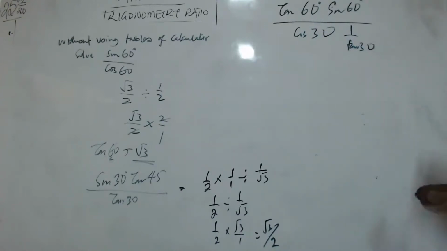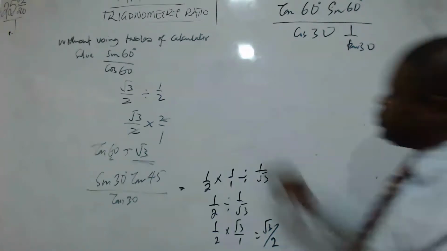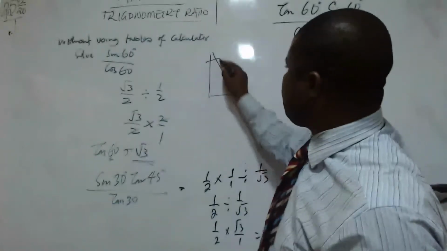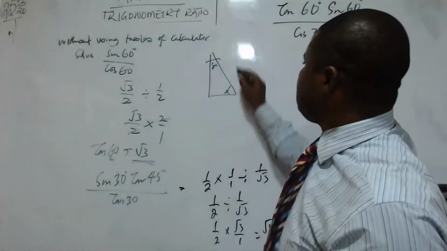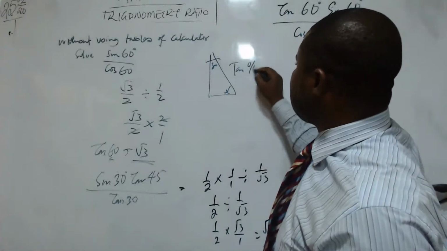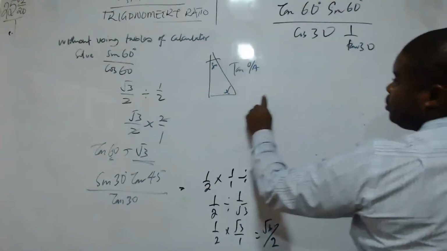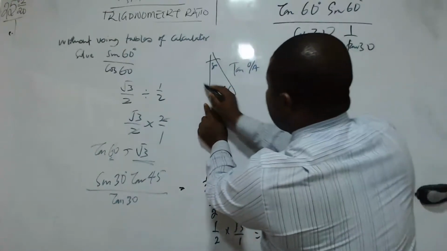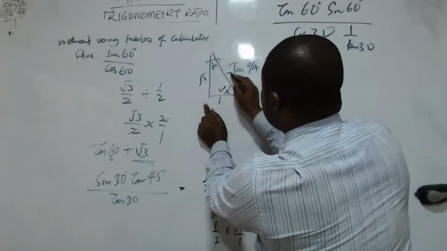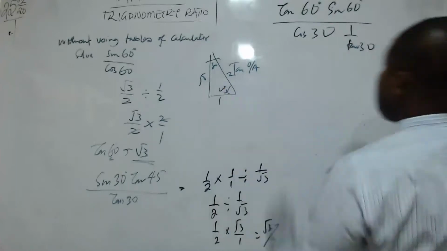How do we solve this question? Tan 60, we still go by our angles 30, 60. Tan is opposite over adjacent. This is 60. We have root 3, we have 1, we have 2. So opposite is root 3.